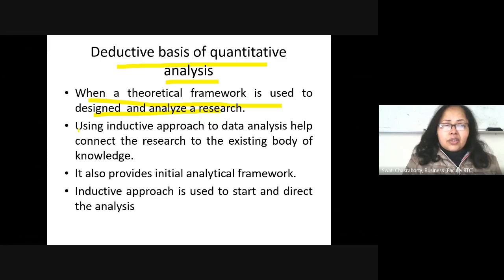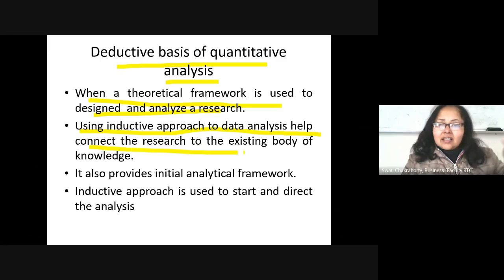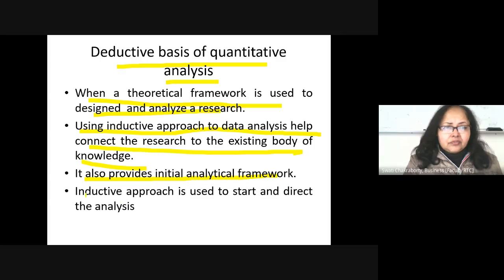We also use the inductive approach to data analysis, which helps to connect the research to the existing body of knowledge. What research you're doing, how you connect it with the existing literature or knowledge that is there. It also provides an initial analytical framework. And the inductive approach is used to start and direct the analysis.